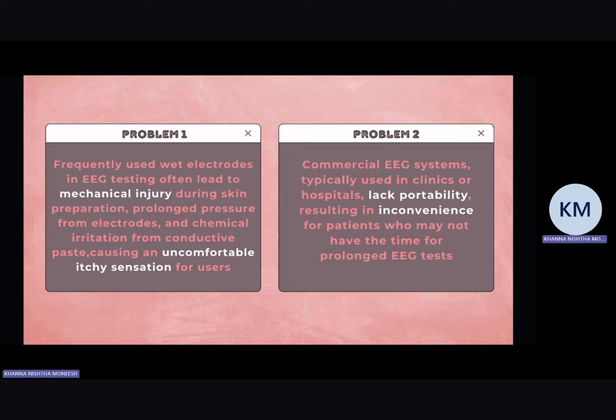Secondly, commercial EEG systems commonly used in clinics or hospitals lack portability. This lack of portability poses a significant inconvenience for patients who may not have the time for long EEG tests, hence restricting their accessibility and potentially delaying crucial diagnostic procedures.